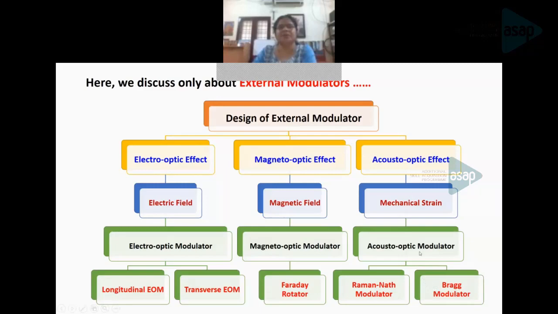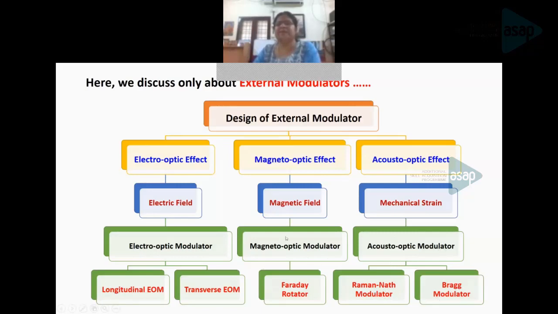But if the thickness of the grating is small, you may get multiple diffraction orders. Such diffraction is known as Raman-Nath diffraction. If you get only a single diffraction pattern, that is known as Bragg diffraction. Based on that, acousto-optic modulators are of two types: the Raman-Nath modulator and the Bragg modulator.